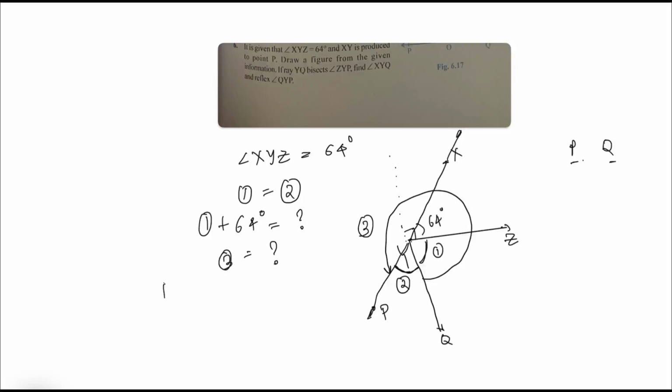So 1 plus 2 plus 64 degrees is 180 degrees. We also know that 1 is equal to 2. Therefore, angle 1 twice is equal to 180 degrees minus 64 degrees. So this is your 116 degrees. So angle 1 is equal to 58 degrees, which is also equal to angle 2. So we got this, right? So this is 58 degrees, this is 58 degrees.